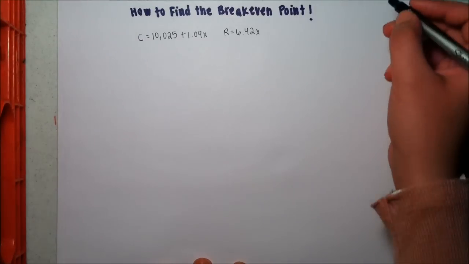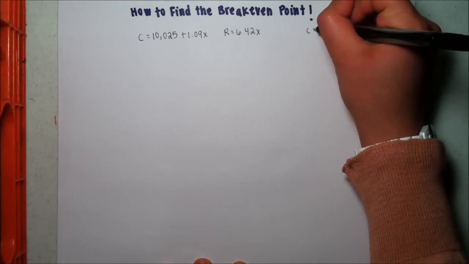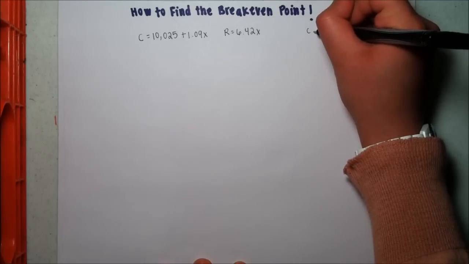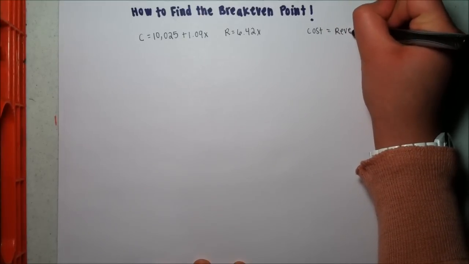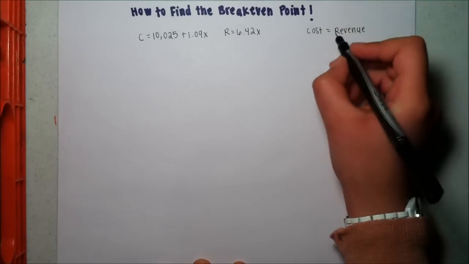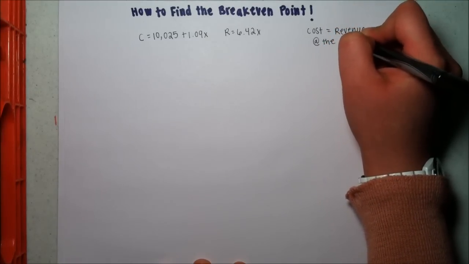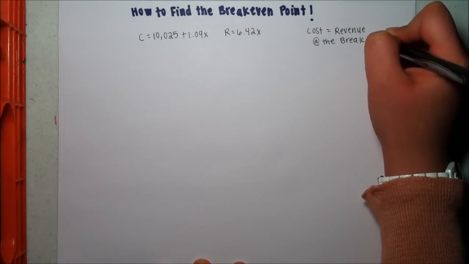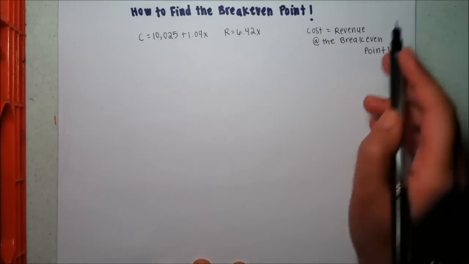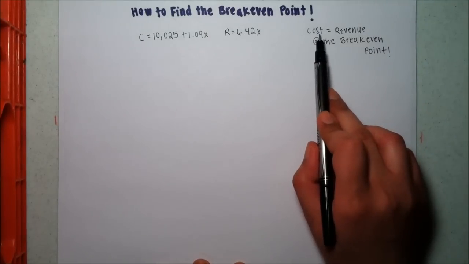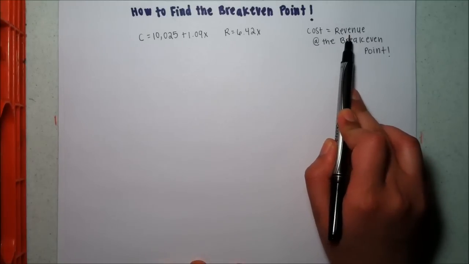But what you want to remember in this entire situation is that cost is equal to revenue at the break-even point. Always, always, always remember that if you are at your break-even point, your cost must equal your revenue.